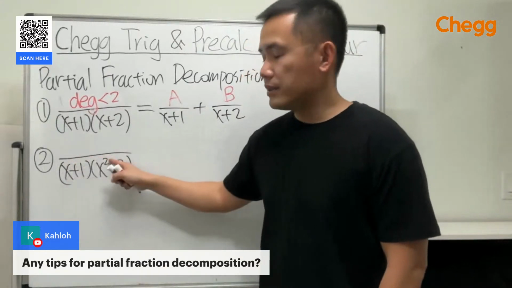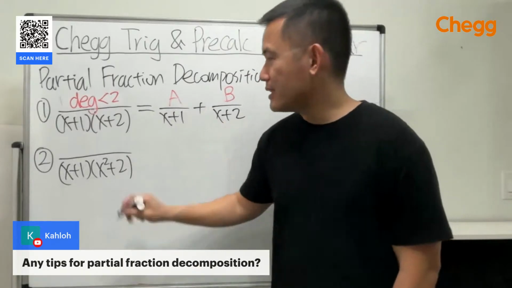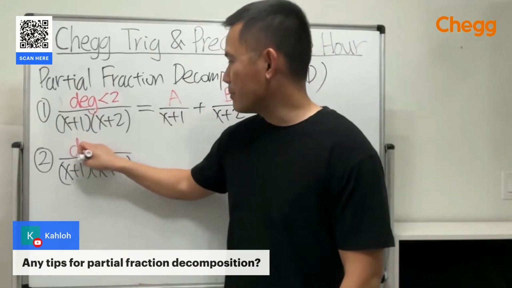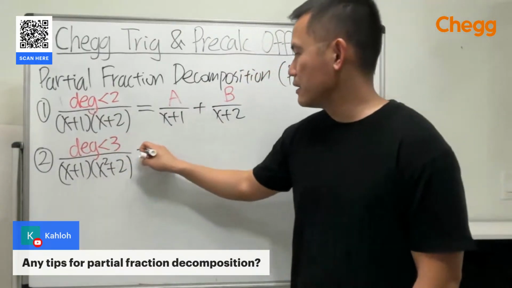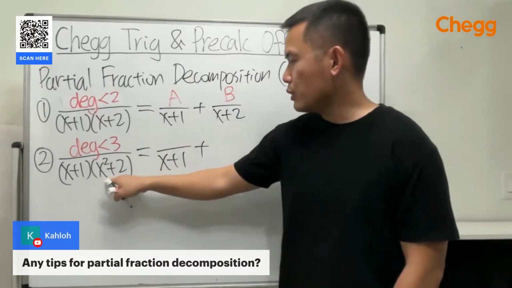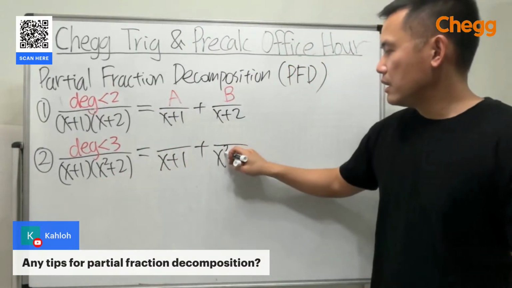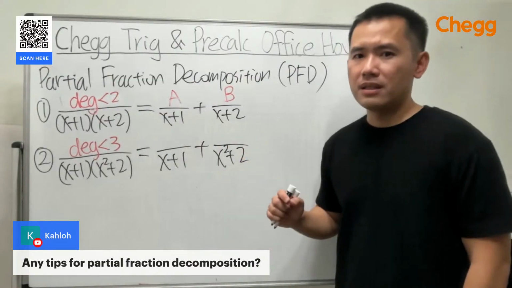Degree is 1, degree is 2. You add the powers, degree is 3 on the bottom. So as long as the top degree is less than 3, you are going to set it up like this. The first one has x plus 1 on the bottom. The second one has this on the bottom. And I cannot factor this anymore with real numbers, so just keep it.